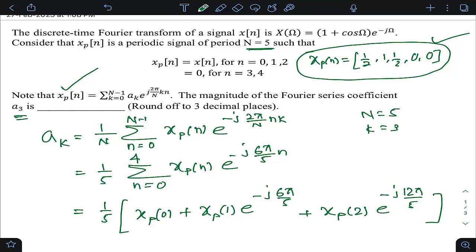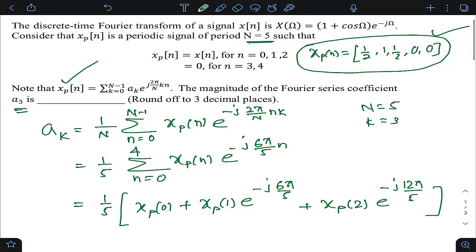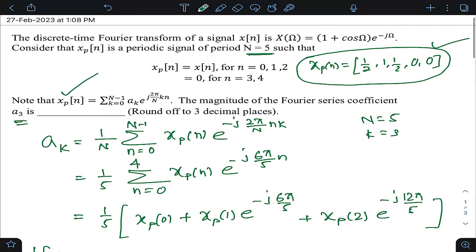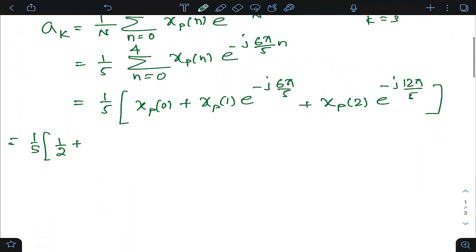So what is your xp of 0? xp of 0 is half. So we can substitute it here. This is equal to 1 by 5 into half, that is xp of 0, plus xp of 1, which is 1, and it is e raised to power minus j 6 pi by 5. So we can write this as cos 6 pi by 5 minus j sine 6 pi by 5, plus similarly xp of 2.